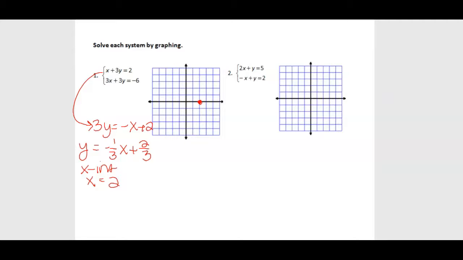So you don't always have to start your graph at the y-intercept. It's just something we sort of show you in Algebra 1 and geometry because it's easier. But then now you could take your x-intercept and go down 1 over 3, or up 1 and left 3. And then connect your points, graph your line.